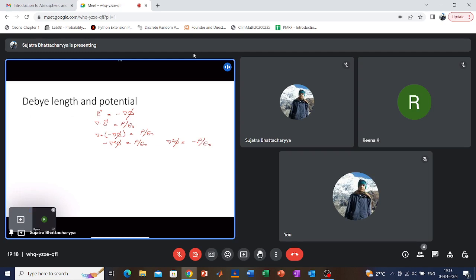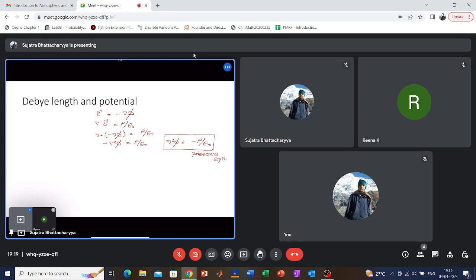Fine, this is the expression which we have found out, which is Poisson's equation. Now had it been 0, this is the normal Laplace equation, which we expect in the ideal plasma situation. But now we have put some electric field by introducing a test charge. Therefore, some charge density is appearing, and hence we are getting Poisson's equation.